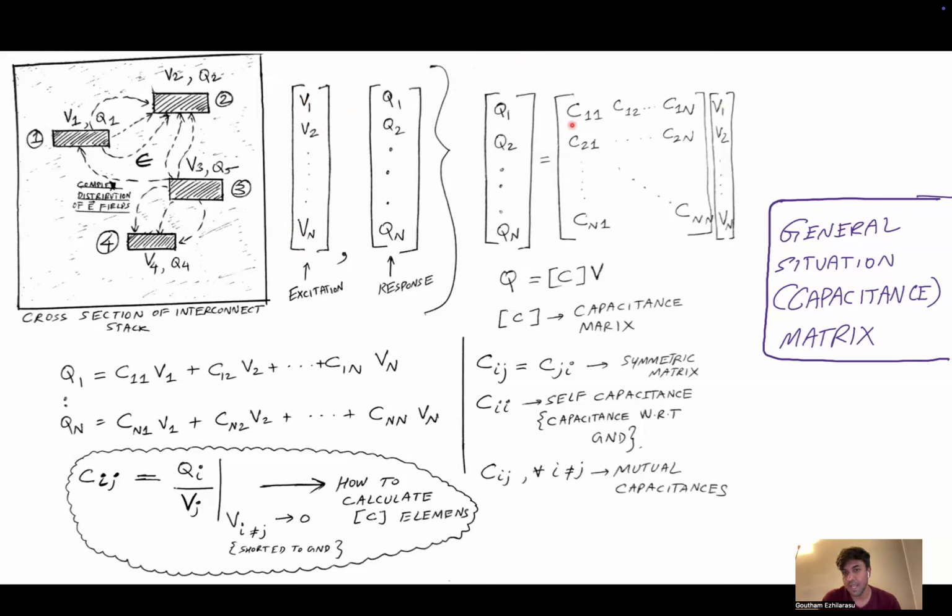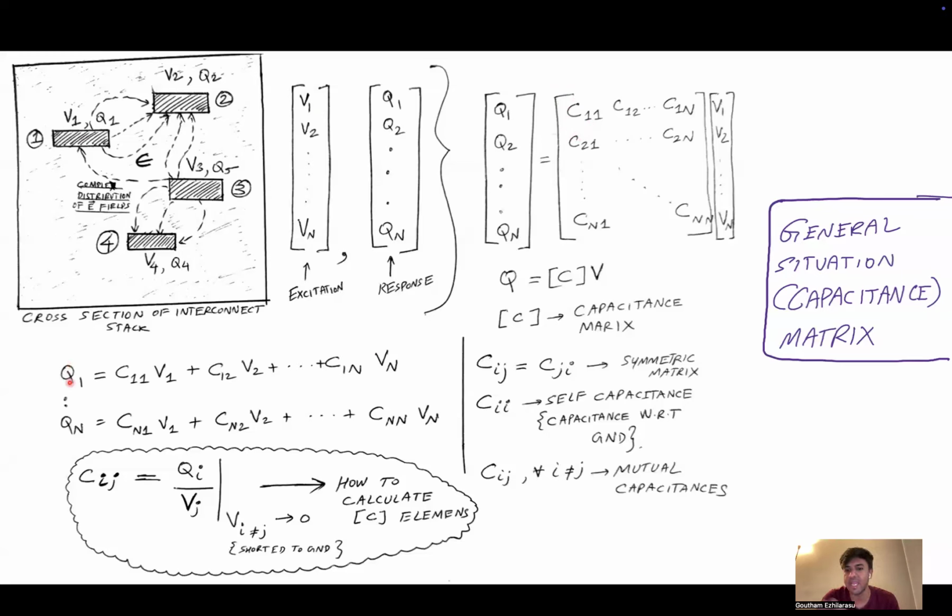And if you look at the capacitance matrix, and you can think about this for yourself, it has to be a symmetric matrix because C12, the capacitance between conductor 1 and 2, must be the same as the capacitance between 2 and 1 because it should be reciprocal. And similarly, the values C11, C22, C33, and so on refer to the self-capacitance of the conductor itself.